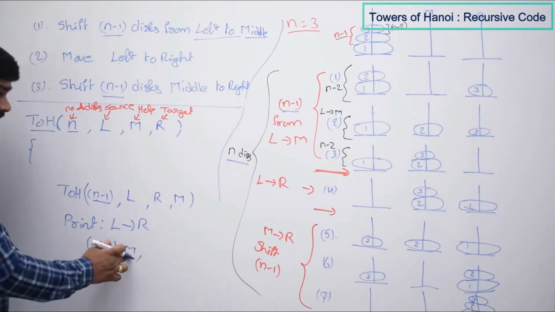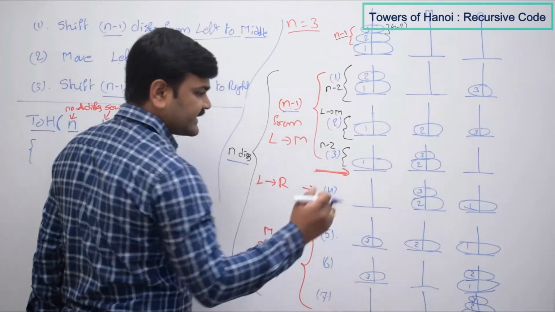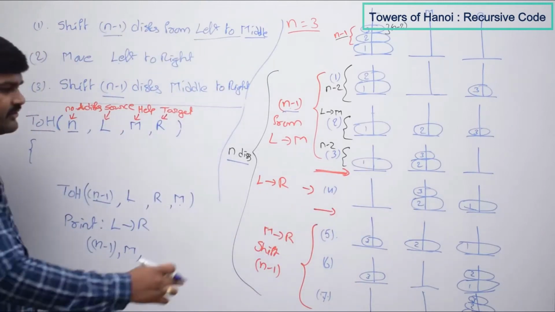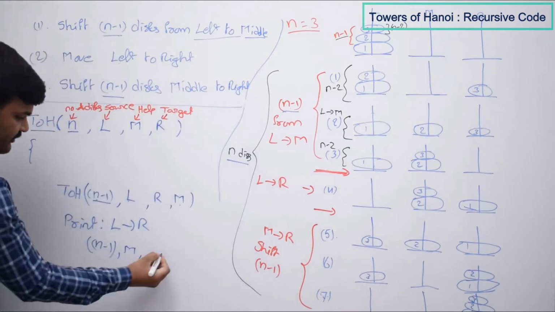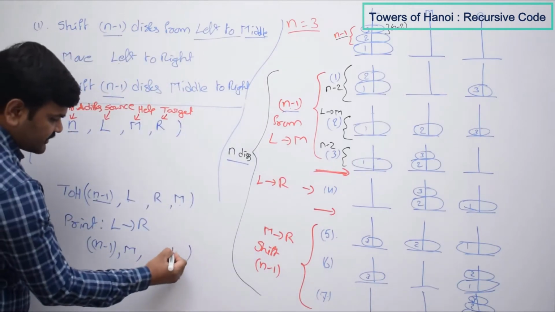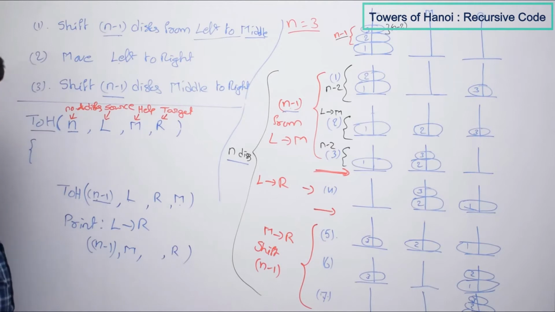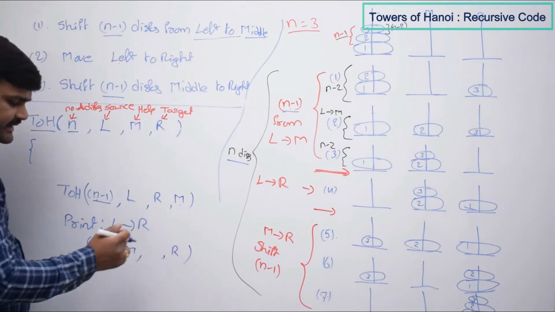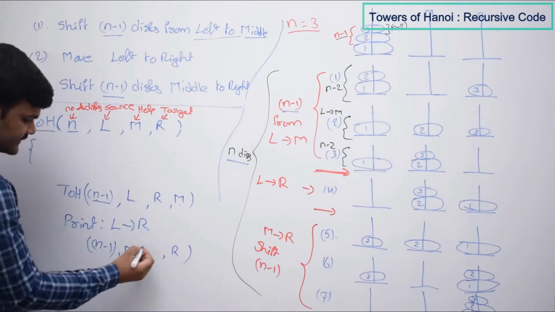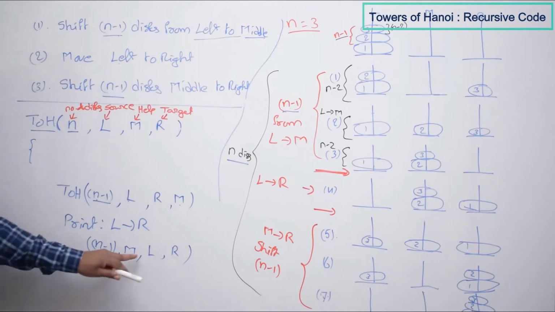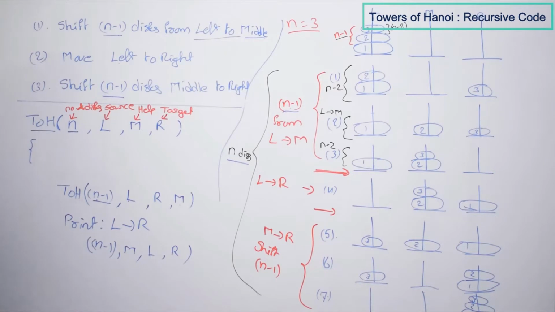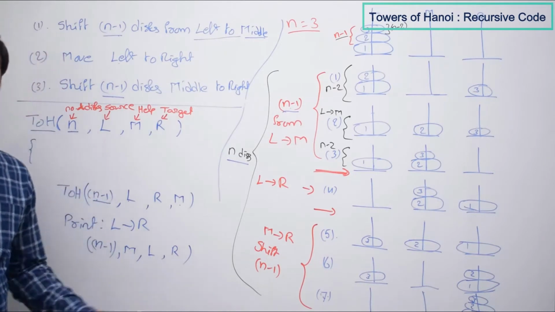So M will become the source now, you can observe in the game. So now where are these n minus 1 discs? At M. Now to where we have to shift? We have to shift to the right tower. So that is our target, right? And then by using the left tower. So M and R are there, so the remaining tower will always become the helping tower.